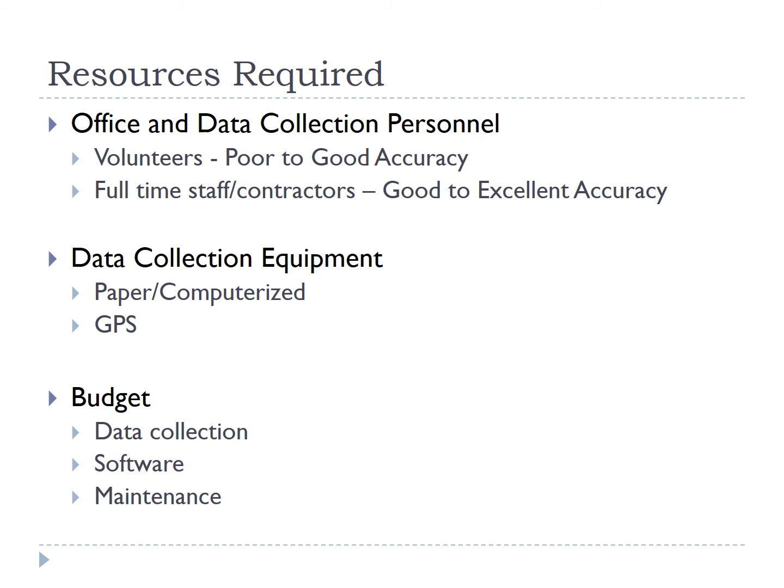So volunteers can have good accuracy or poor accuracy, depending on the level of work they do. Full-time staff trained in urban forestry, or contractors trained in urban forestry, have much higher accuracy. So depending on what I'm going to use my inventory for and how much money I have to spend on it, I might choose one set of inventory personnel over another.